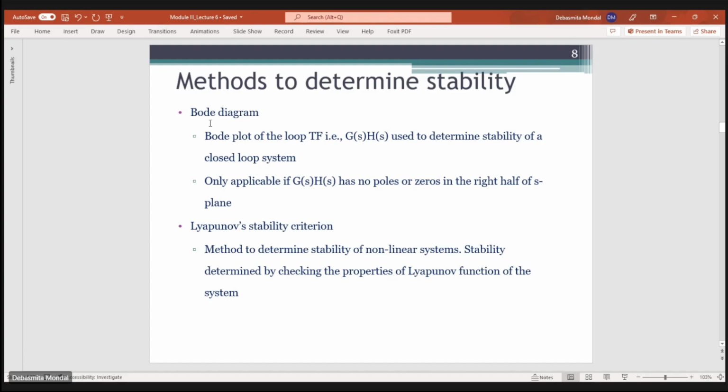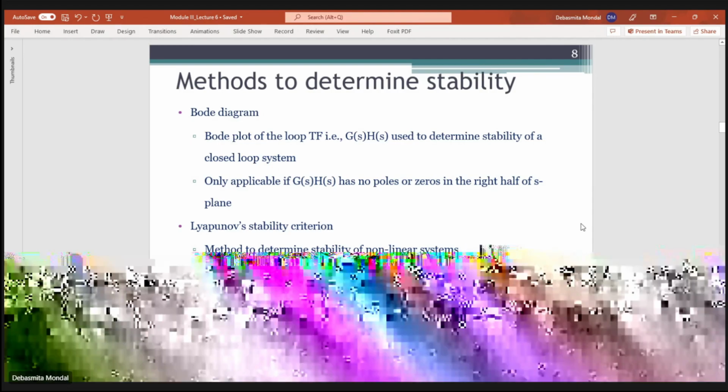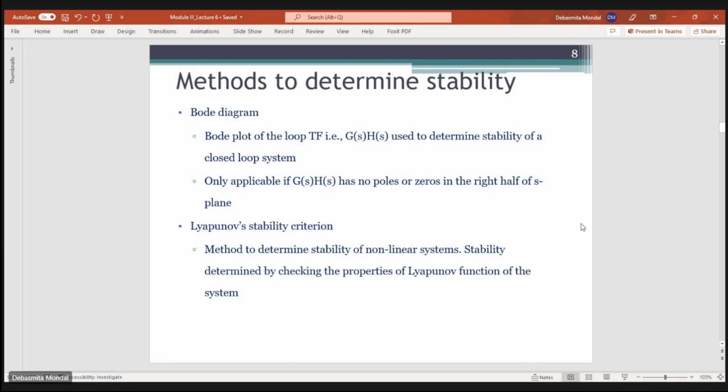Then you have the Bode diagram, and Lyapunov's stability criteria. This last one is generally applicable for determining the stability of non-linear systems, so it is not within the scope of this course. Later on, if you study non-linear control, then Lyapunov's stability criteria will come into the picture.